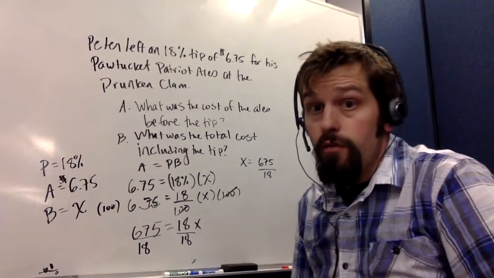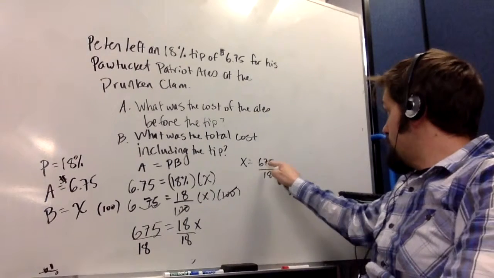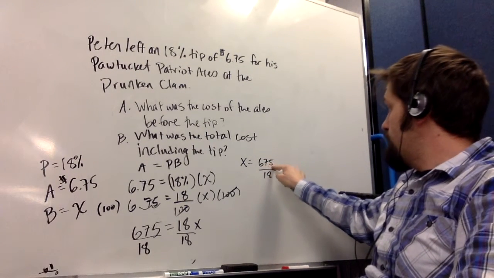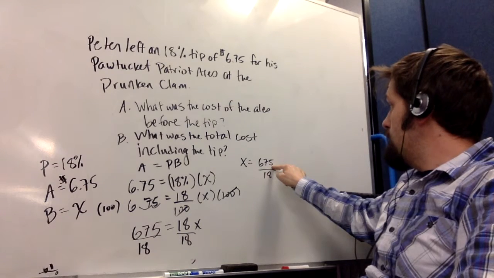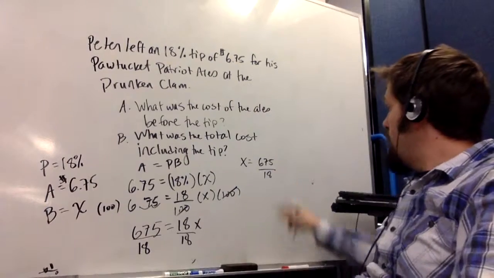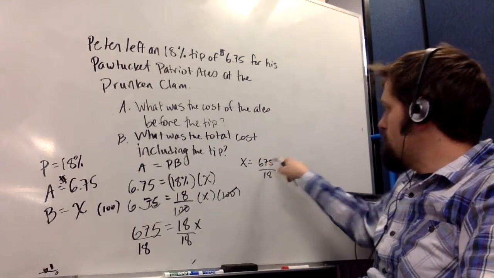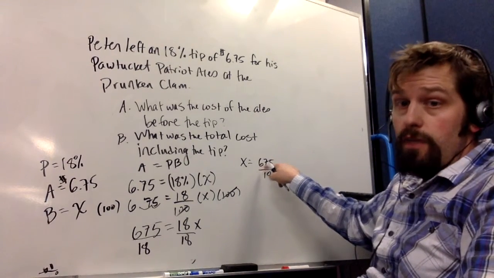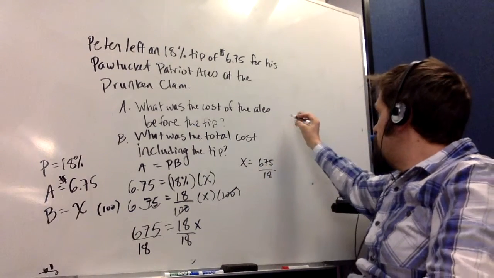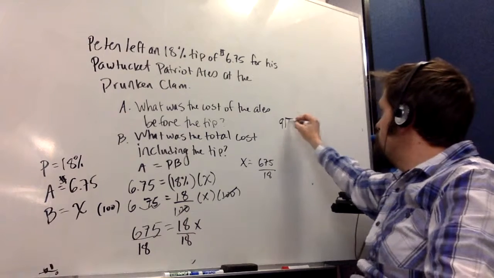Now, before you reach for a calculator, look at 675. We know that 6 plus 7 plus 5 is 18, and that means that's a number that's divisible by 9, because the sum of the digits is divisible by 9. So I know that 675 is divisible by 9.